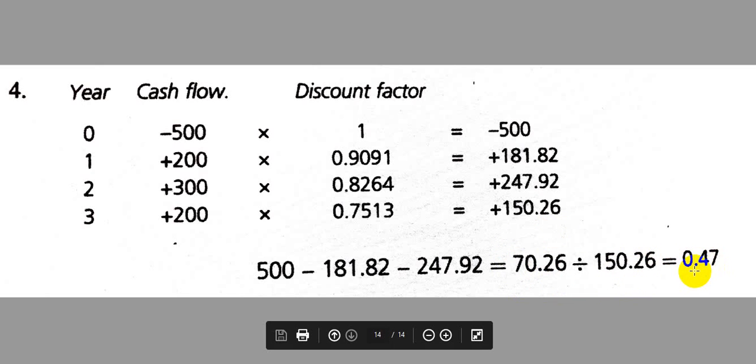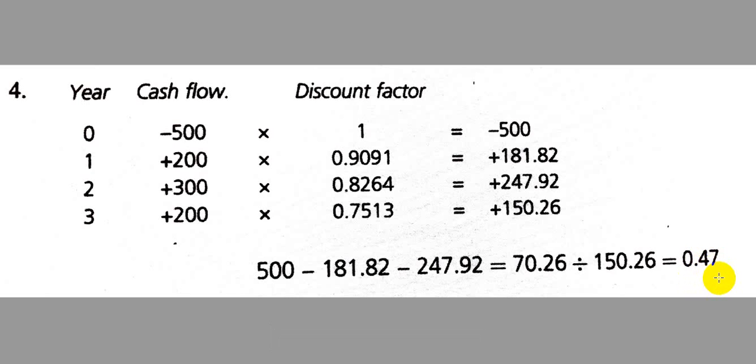So here we find the fraction of the year to be 0.47 of a year, less than half a year. So here the discounted payback period is 2 years and 0.47.